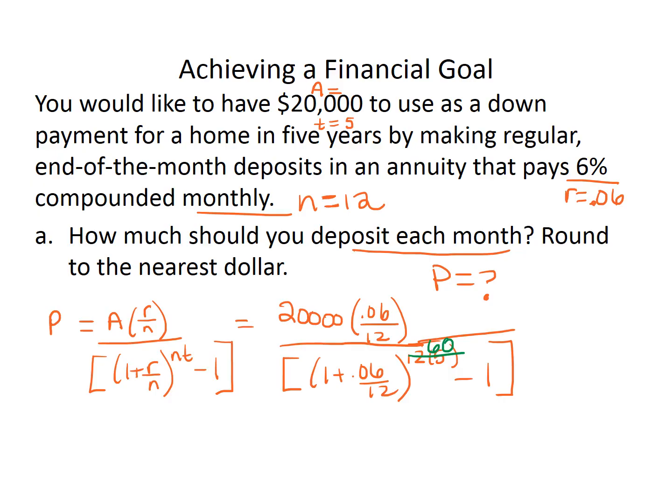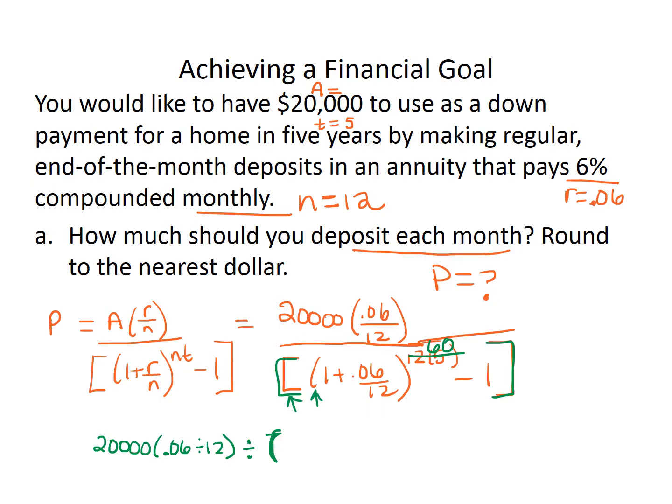And again, we can punch this in just like it is if we keep all the parentheses. So if you punch in 20,000 times 0.06 divided by 12, parentheses, divided by, and then for the denominator, again, you need this set and the set in between, but we only have parentheses on the calculator.